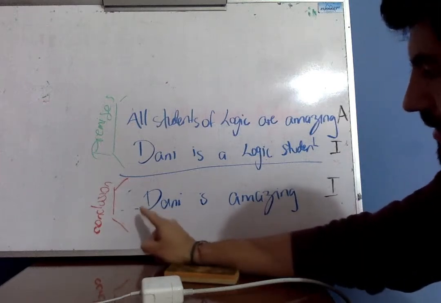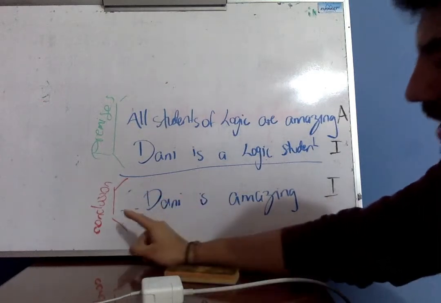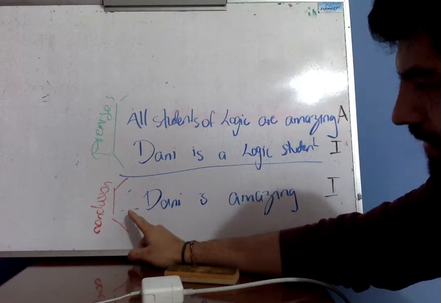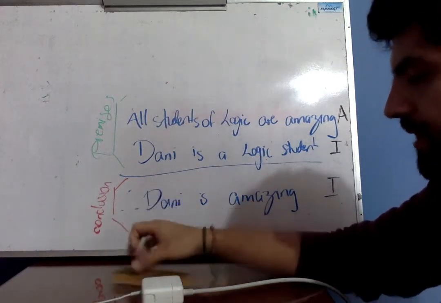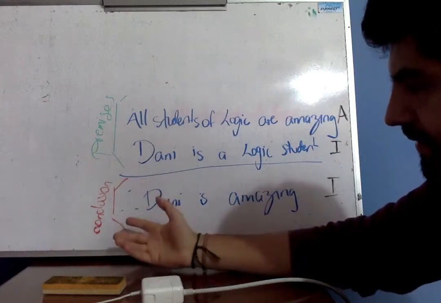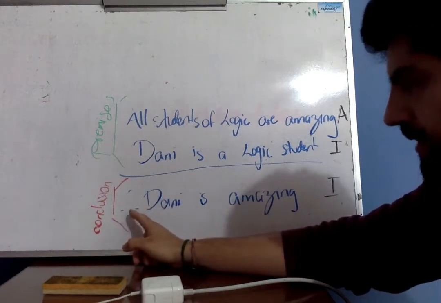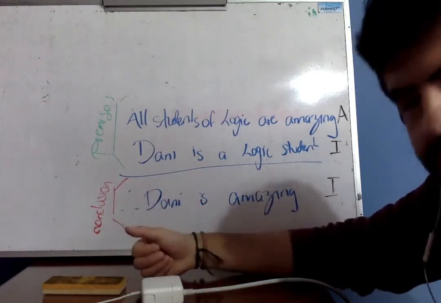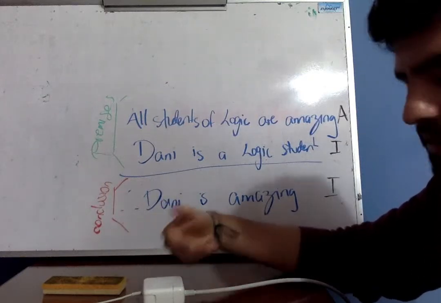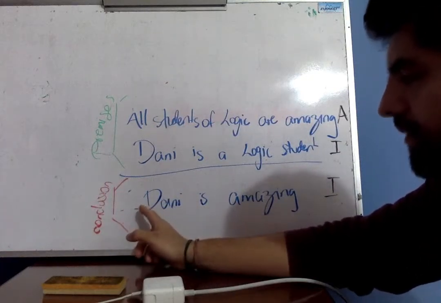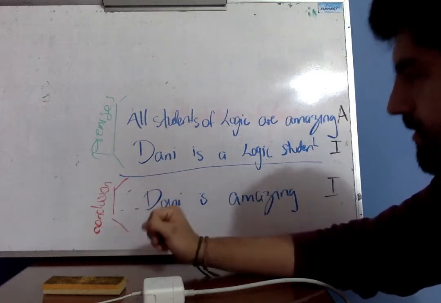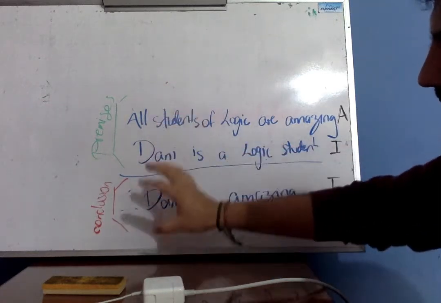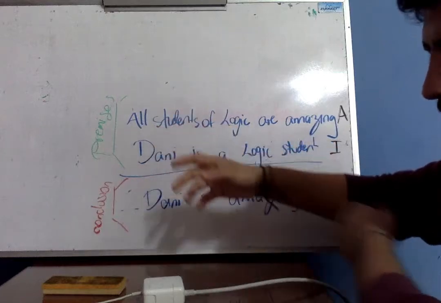The conclusion is, therefore, Danny is amazing. Remember that these three dots mean therefore, okay? We can always identify conclusions with therefore, in conclusion, hence, and so on. Conclusion indicators are quite often at the beginning of the proposition. So premises and the conclusion, this is the structure of an argument, okay?